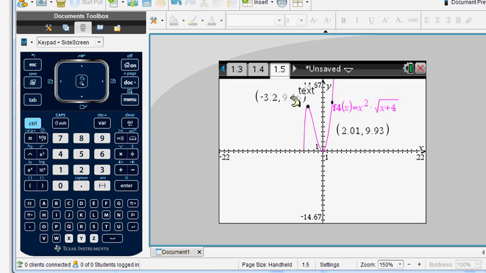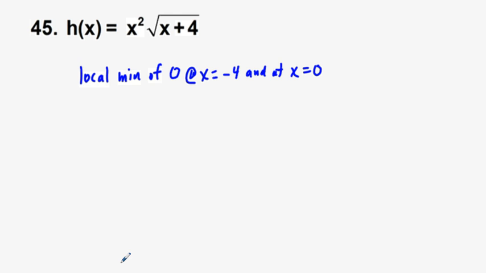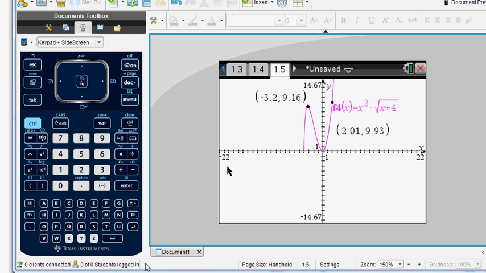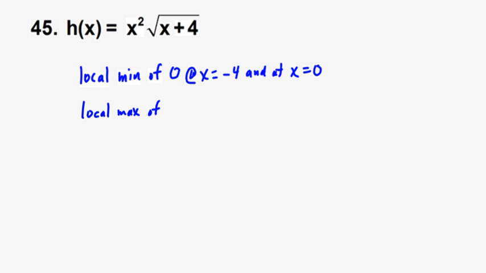So we have a local maximum of 9.16 where x equals negative 3.2. We have 9.16 at x equals negative 3.2.